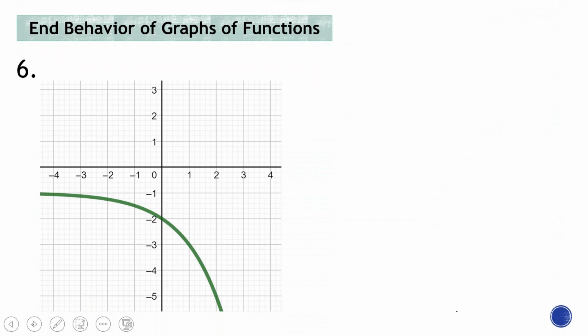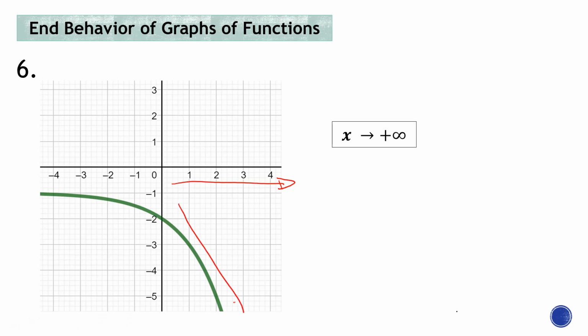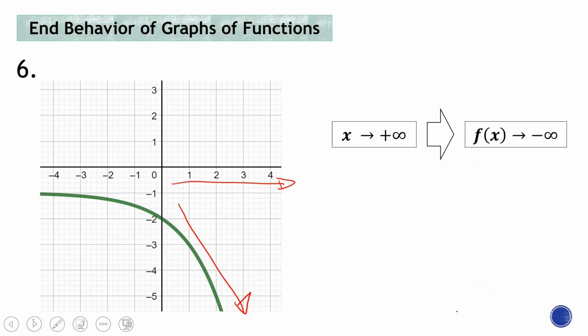Let's go. Here we have another exponential function. So as x is approaching positive infinity, where is the right side of the graph going? It's going this direction, and that is negative infinity. Okay, so I know you already understand what I'm trying to teach you now.